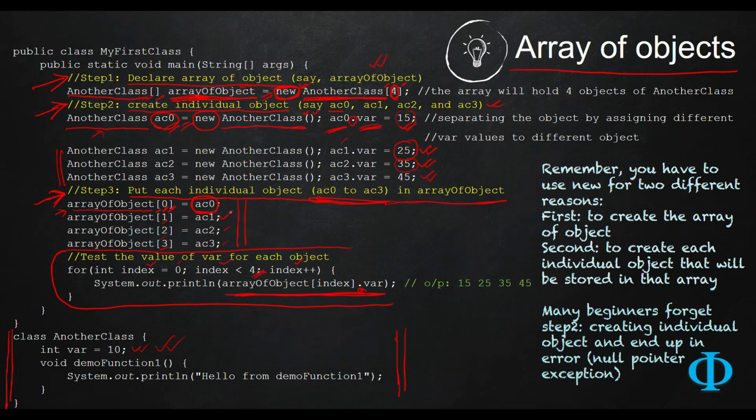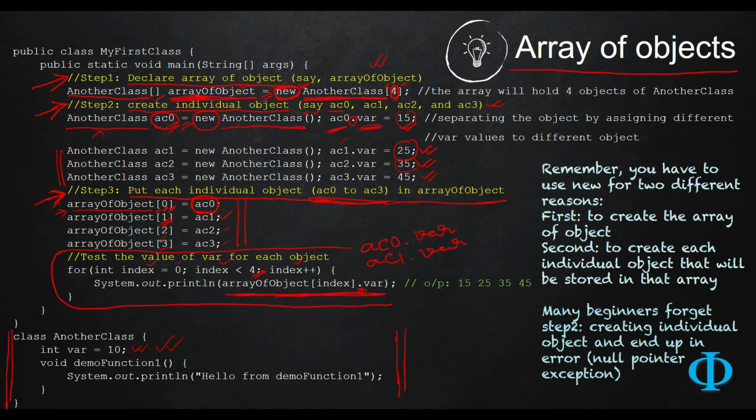So what will happen is, in the first iteration it will print array of object 0 dot var, which means AC0 dot var. The next iteration it will print the object at index 1, which is AC1 dot var.